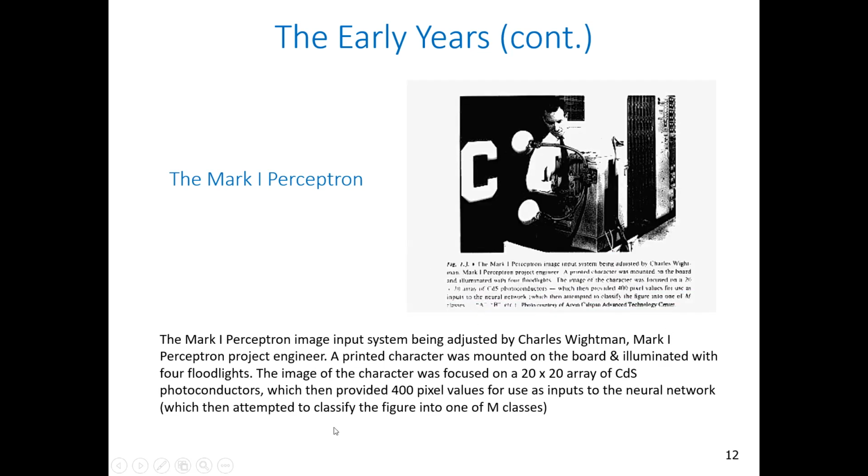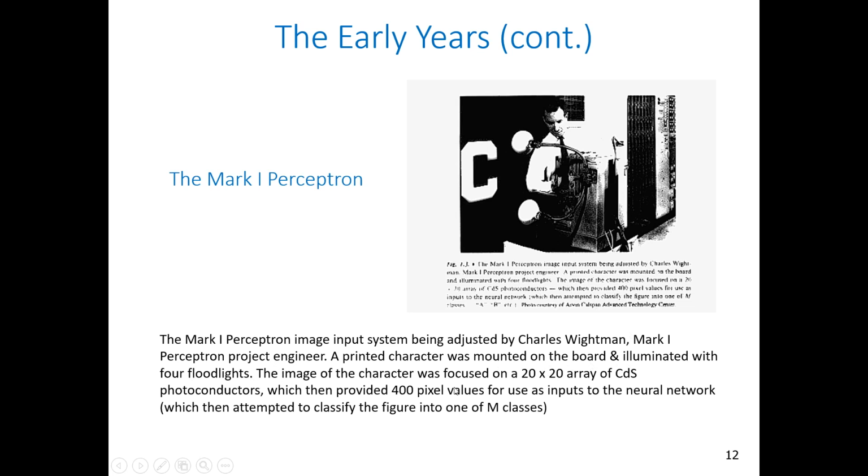Here, the image input is being adjusted by Charles Whiteman, Mark I Perceptron project engineer. You can see this is the image, and here we have the CDS photoconductors. A printed character was mounted on the board and illuminated with 4 floodlights. Sorry, these are the floodlights.